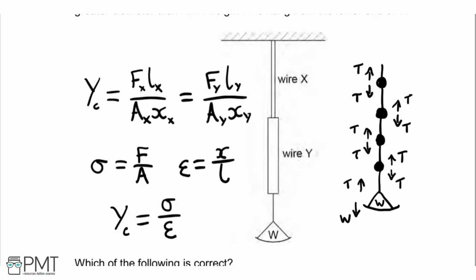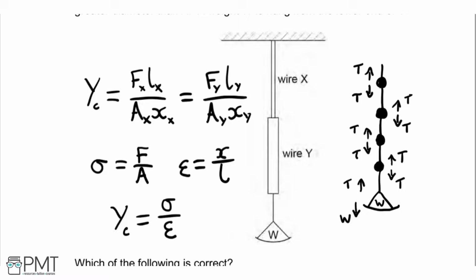So if both materials have the same Young modulus and the forces on each are the same, what we can actually see is that technically they will have different stresses because their cross-sectional areas are different. So where wire Y has a larger cross-sectional area, technically its stress should be smaller. Now, if its stress is smaller, that will therefore mean that its strain is also smaller.